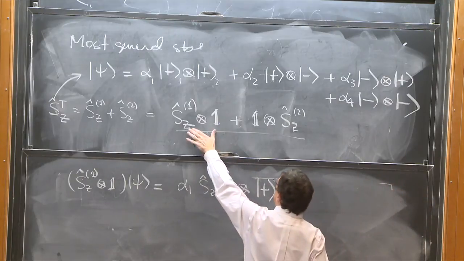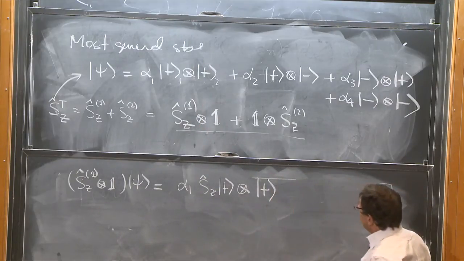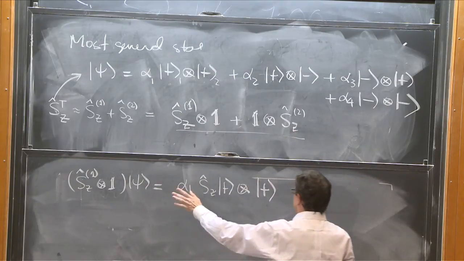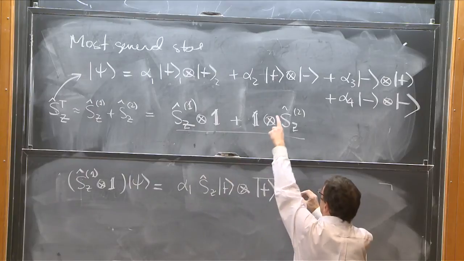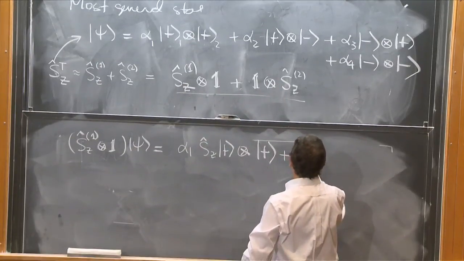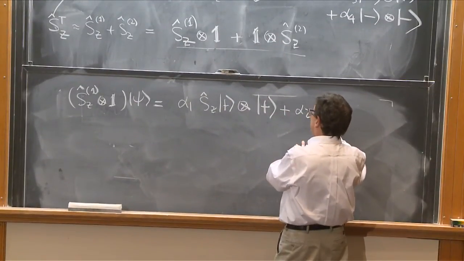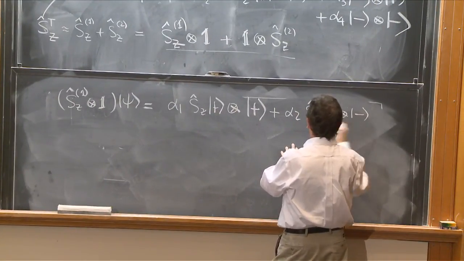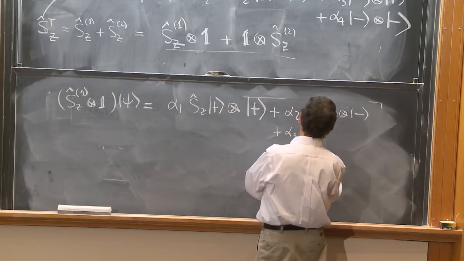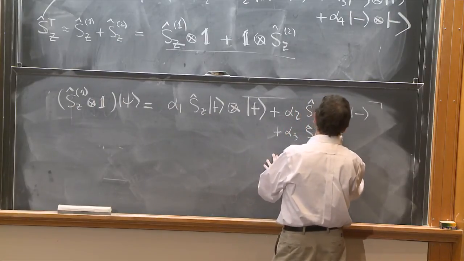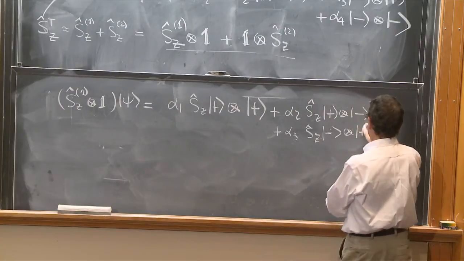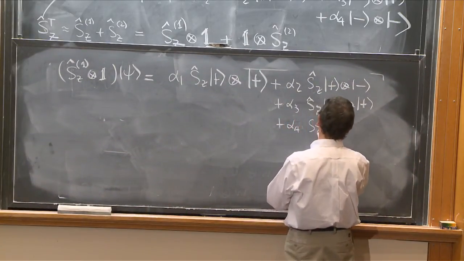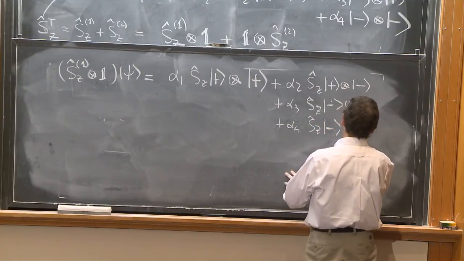Let's do the second term, plus alpha 2: it still acts on the first only, Sz hat on plus tensor minus, plus alpha 3 Sz hat on minus tensor plus, plus alpha 4 Sz hat on minus tensor minus.